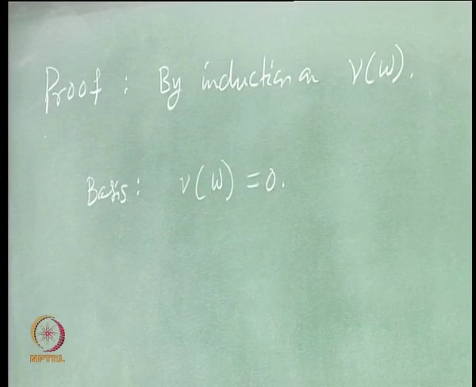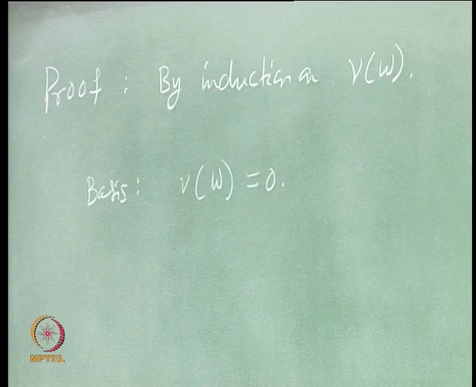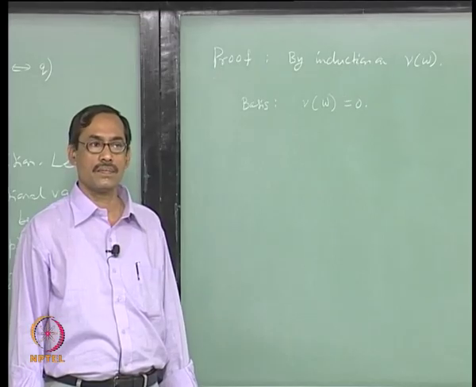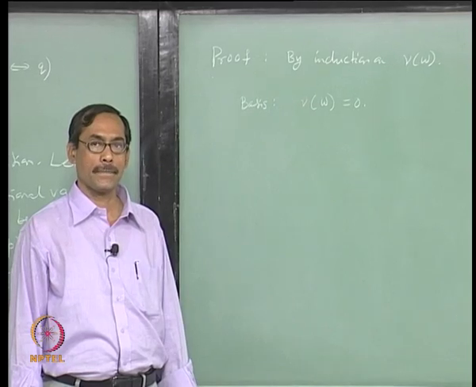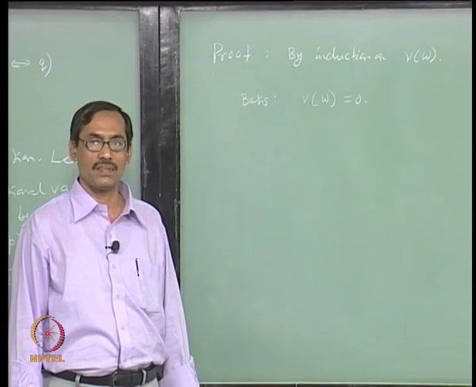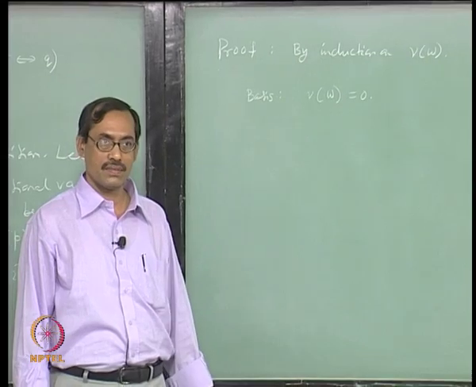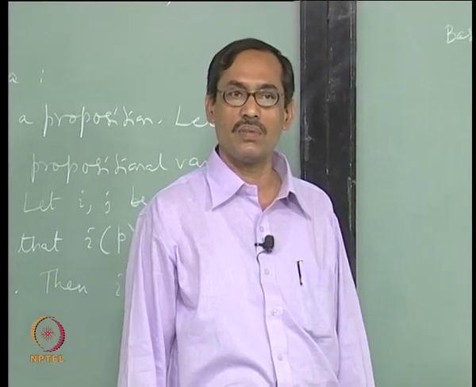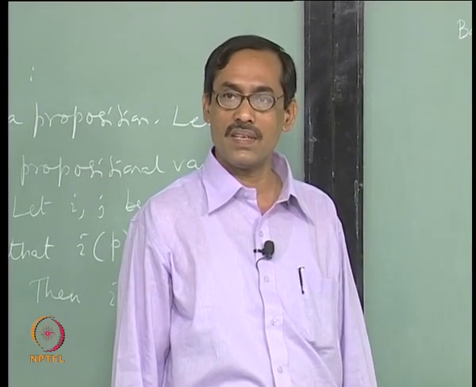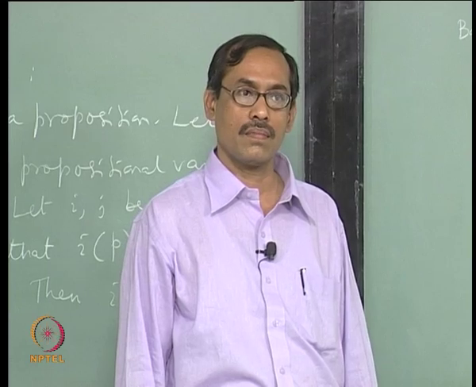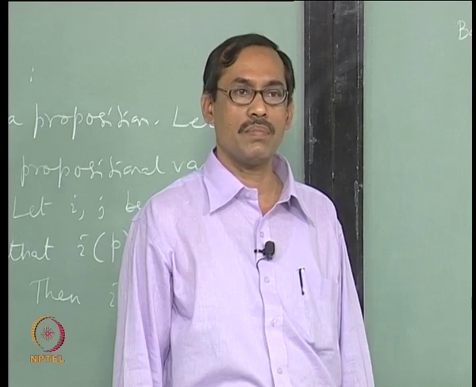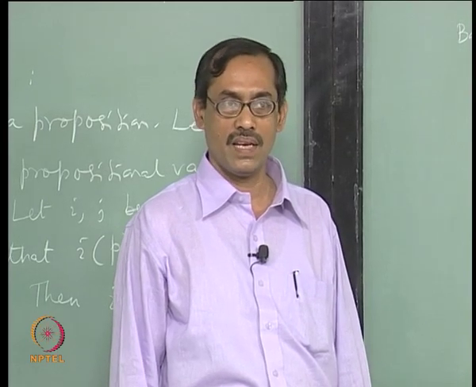In that case what could W be? There is no propositional variable occurring in it. What could it be? It is not propositional variables, it is the connectives, right. Nu W is the number of occurrences of connectives in W. If there is no connective, what could W be? It has to be atomic. Atomic means what? It can be propositional constants, top, bottom, or it can be a propositional variable, fine.